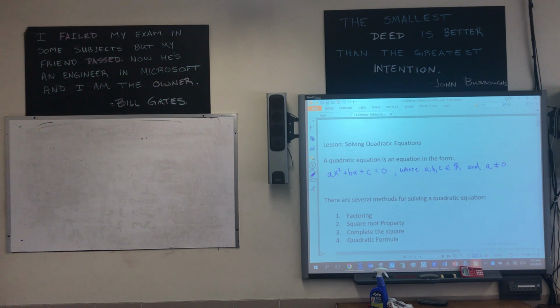Start with the easy part: if a is 0, the x squared term disappears, right? And you're left with bx plus c, which is just a linear equation. Okay, so that's why a has to be non-zero.